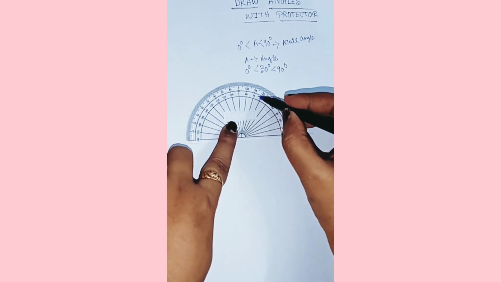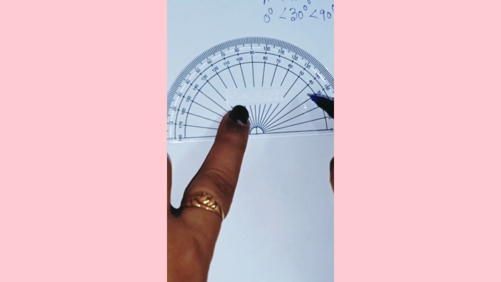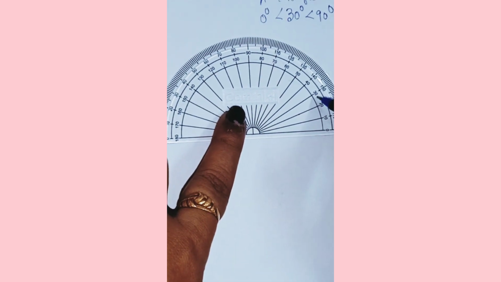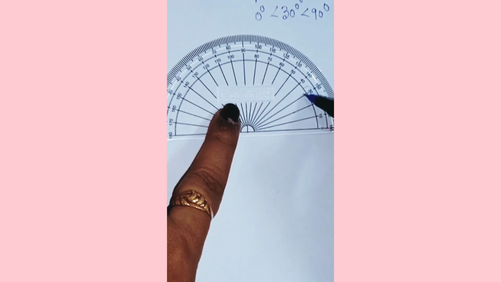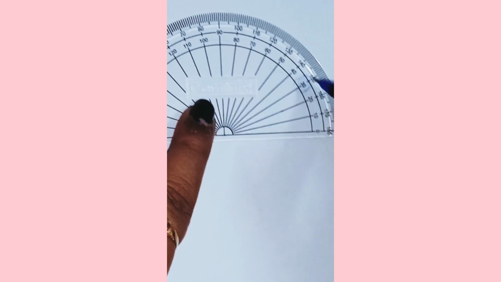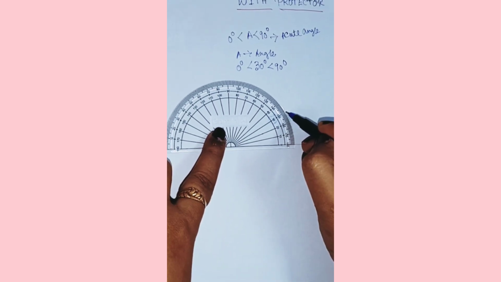When you draw the angle, you observe only the inner scale. Where is 30? Here, that is 30. Now you put a point.